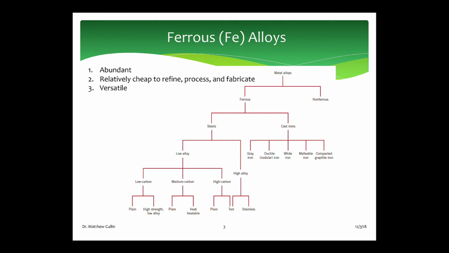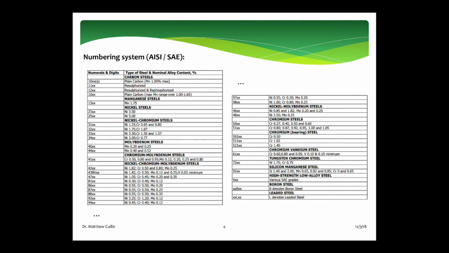Tool steels fall under this category, and also stainless steels and a lot of iron corrosion resistant alloys would fall under the classification of a high alloy ferrous alloy. These are the most abundant. This is the majority of the materials that we build out of. So it's important to know a little bit about them.